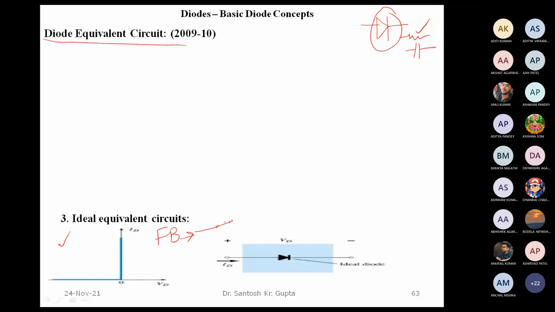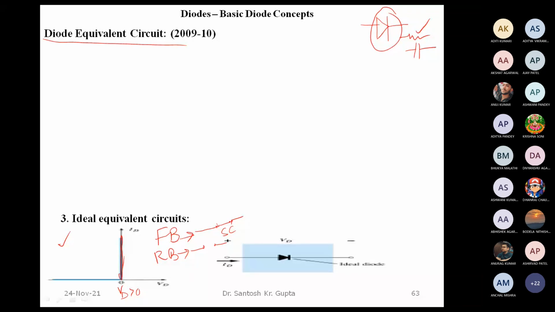It is on, and the current is flowing through this, and in reverse bias we can assume that this is a kind of switch which is open here, and doesn't allow any current to flow through it. So this behavior is shown in this graph, that when the input voltage, or the voltage across the diode, is greater than 0, it is completely on, giving a very large, almost infinite current.